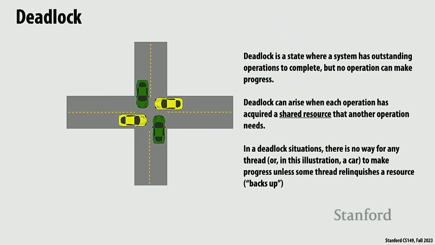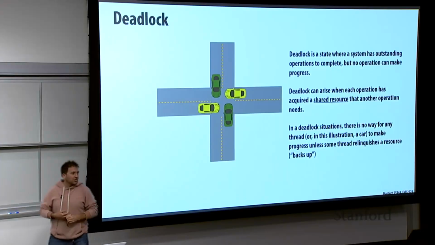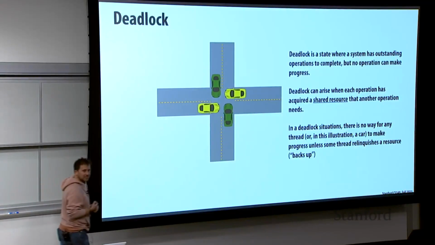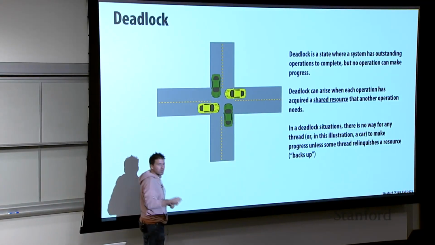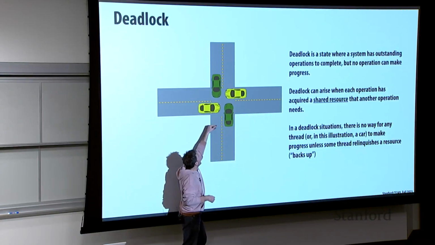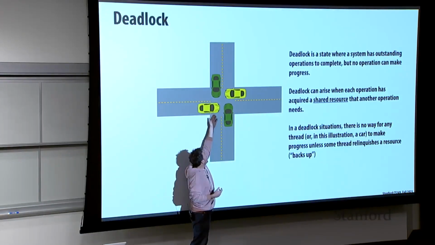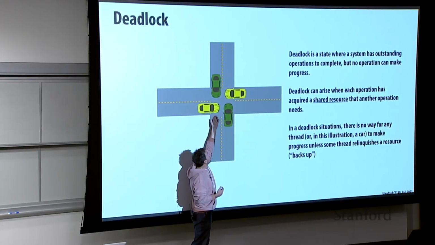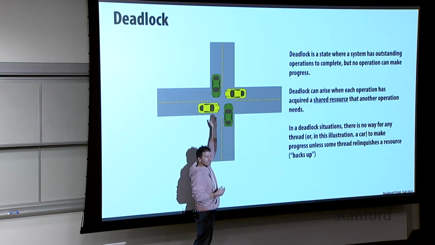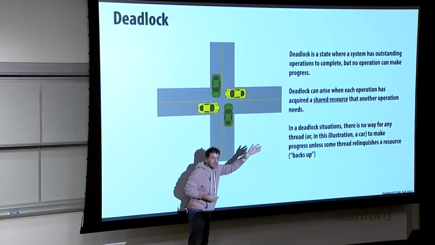So notice what the conditions are here for this form of deadlock. Everybody needs a resource that they can't get. And you don't relinquish the resource you hold until you get everything that you need to make progress. In this case, the yellow car is occupying this territory, but it needs this territory, and it's not going to let go of this until it finishes its job.